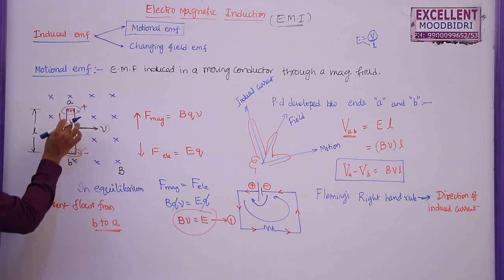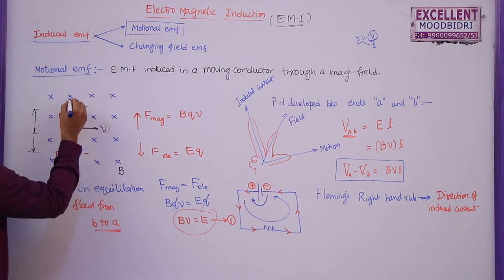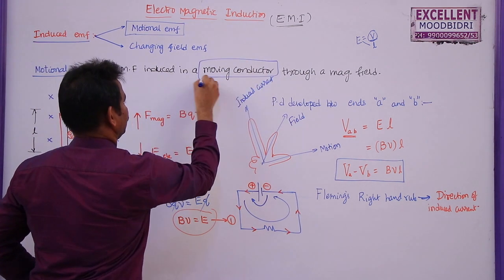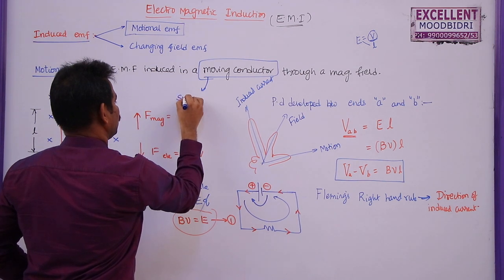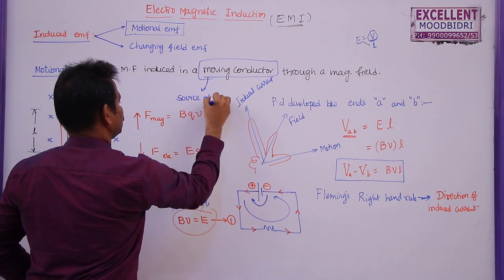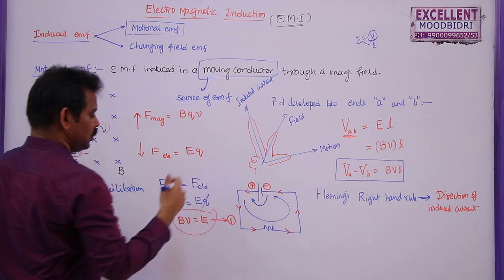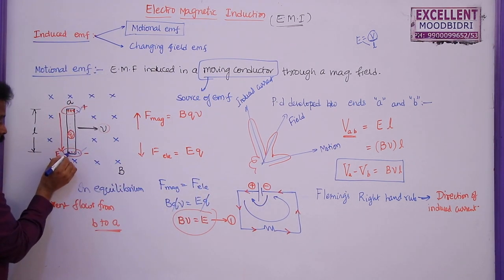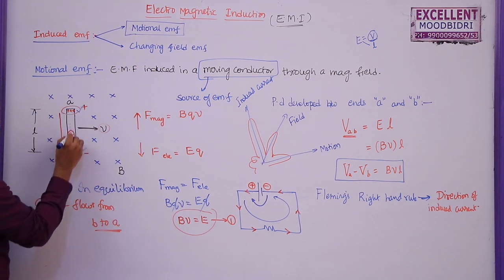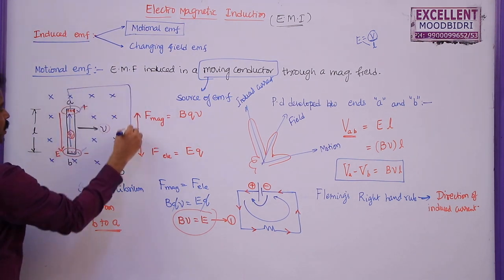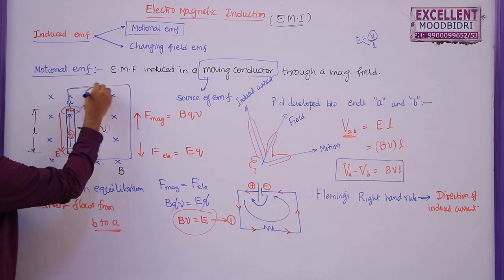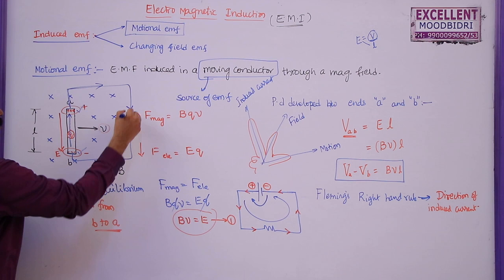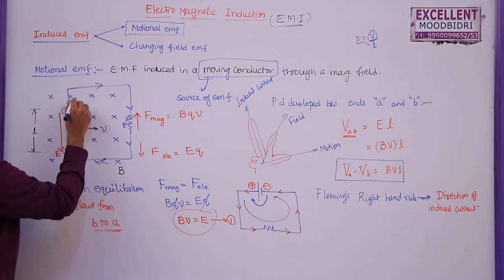So here also the conductor acts as a source of EMF. This moving conductor acts as a source of EMF, just like a battery in our simple electrical circuit. So here also the current is moving from negative terminal to positive terminal within it. And if you connect a wire here with the help of a resistor, then current flows externally from positive to negative only.